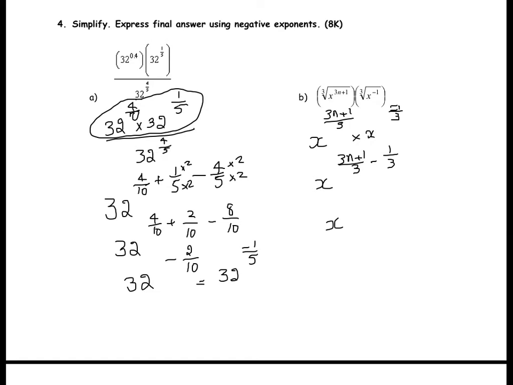Let's add the exponents since the denominators are the same. So I'm going to get 3n plus 1 minus 1 over 3, which is x exponent 3n over 3, which is x exponent n. But to represent this in negative exponent, I'm going to flip this and change the sign of the exponent. So it becomes 1 over x exponent negative n.